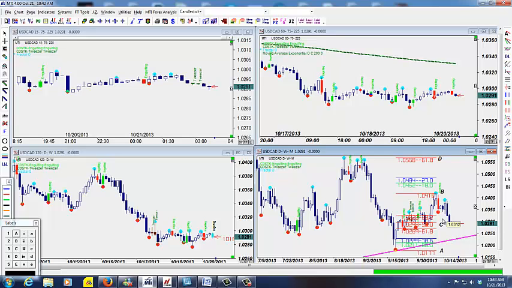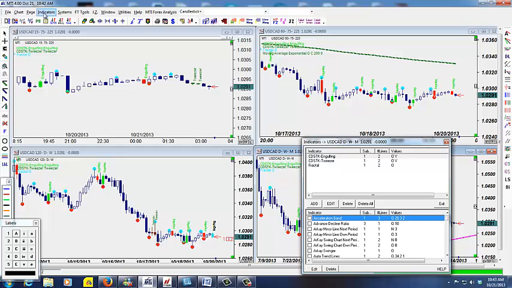The other thing I like that's not on this chart that we are going to put on here is, I'm going to go to indicators here, and I need to go to M here because I like the 200 moving average on my daily and my 1 hour charts.